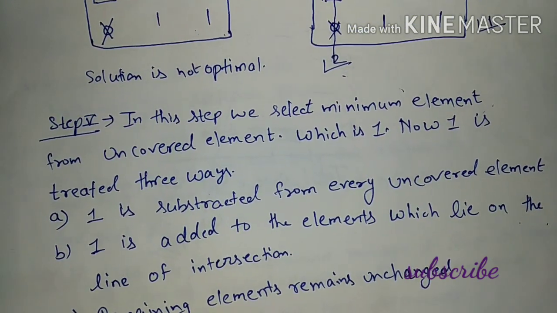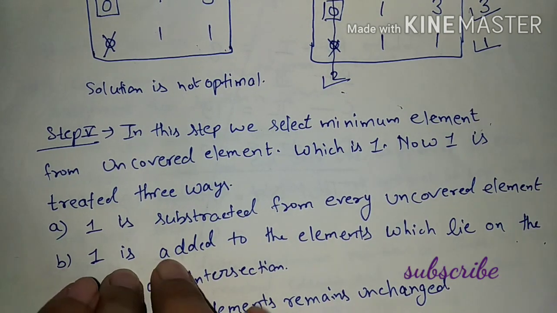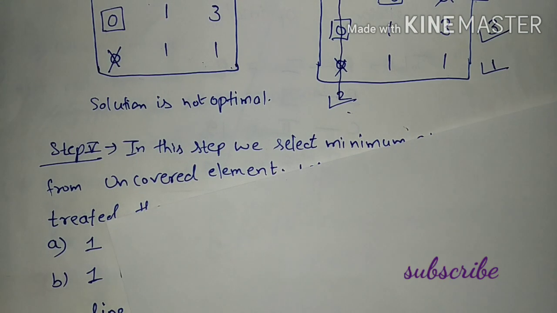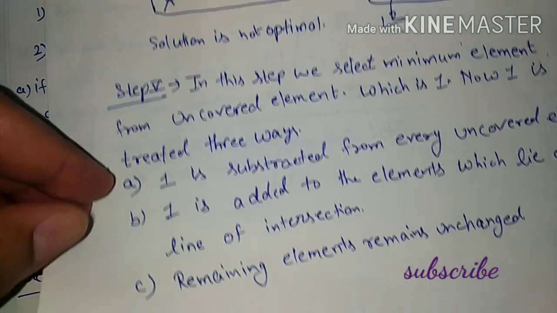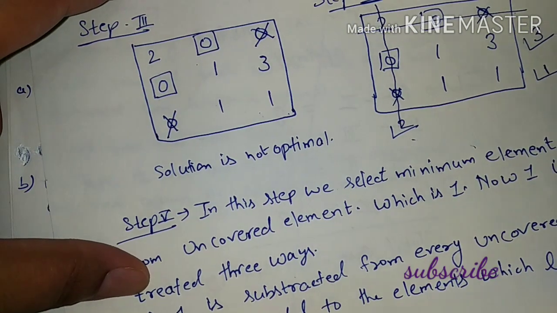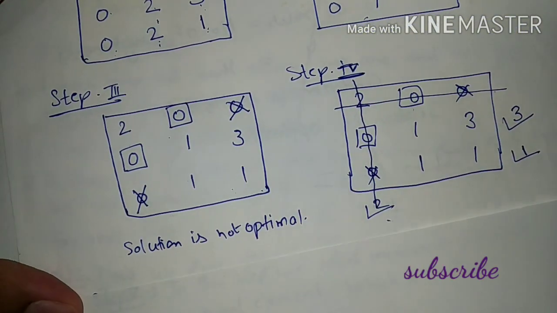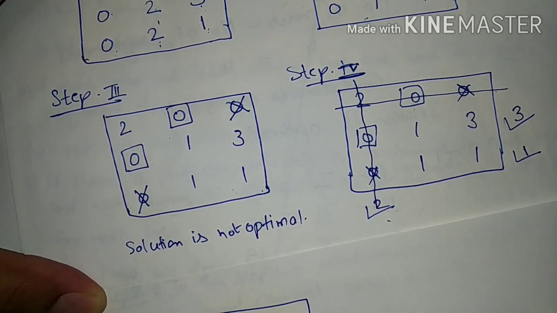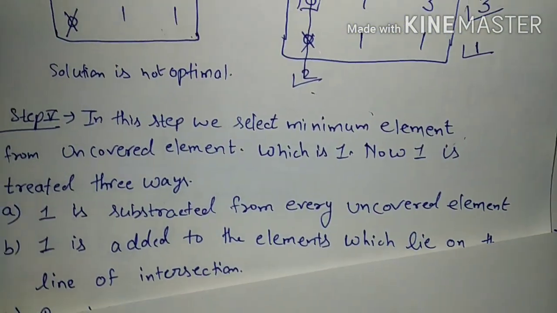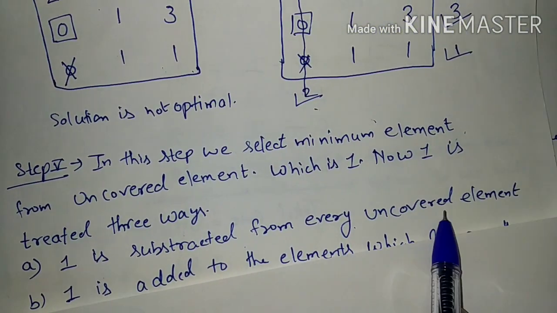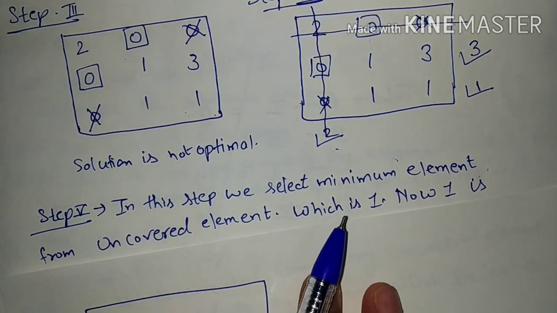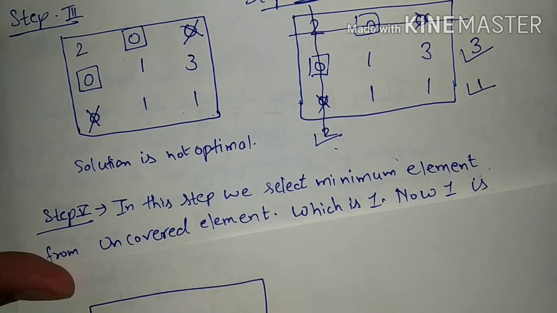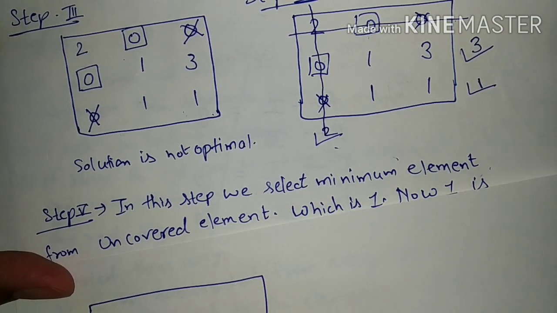Now let's start. Step number 5, continue. A part. 1 is subtracted from every uncovered element. Here 1 minus 1 is 0, 3 minus 1 is 2, 1 minus 1 is 0, 1 minus 1 is 0.